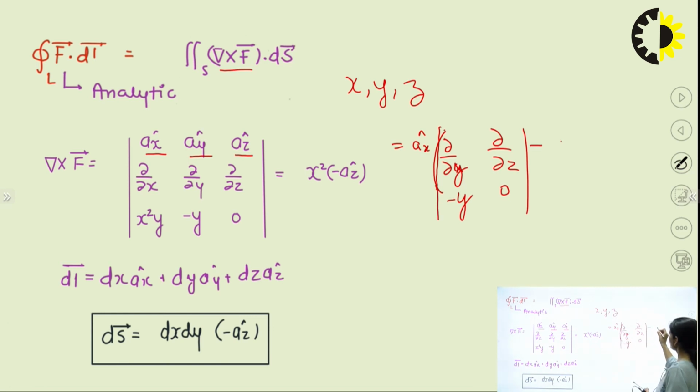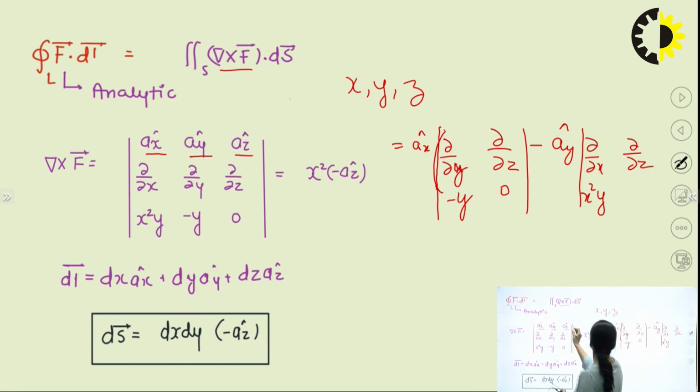Now minus ay unit vector, write down here del upon del x, x square y, del upon del z, zero.